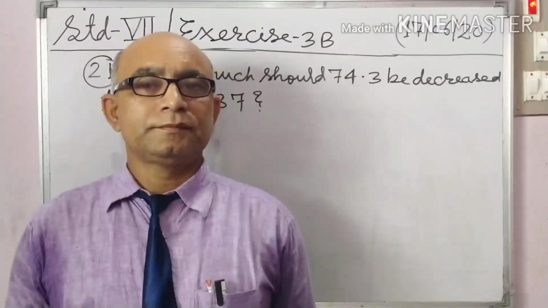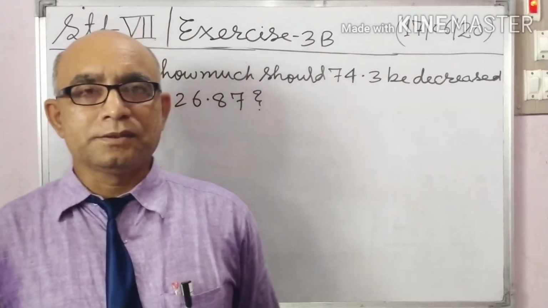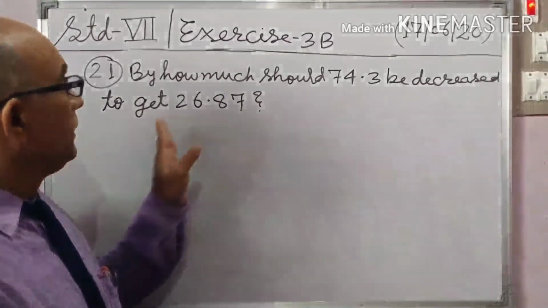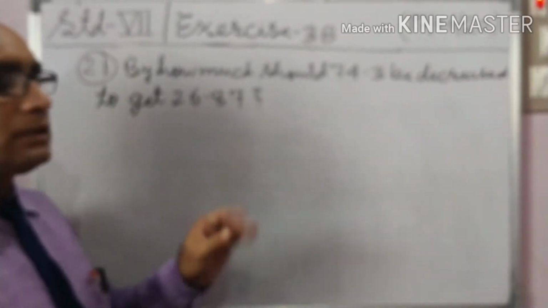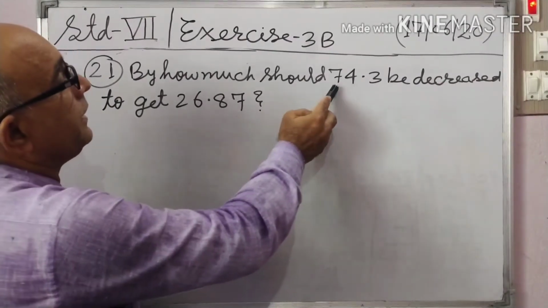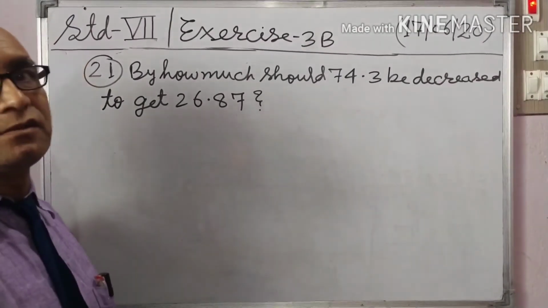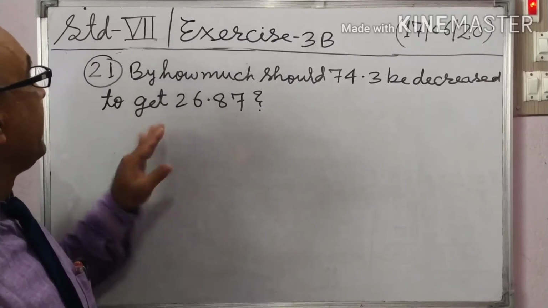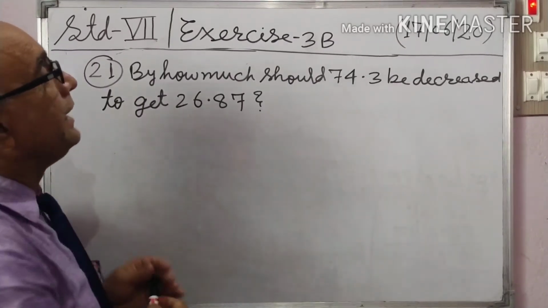Write it. Students, next and last question is question number 21. By how much should 74.3 be decreased to get 26.87?